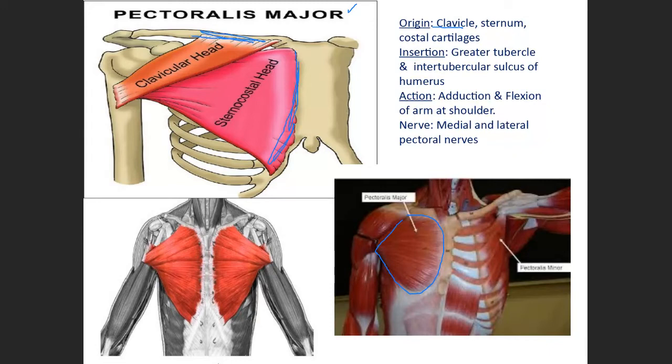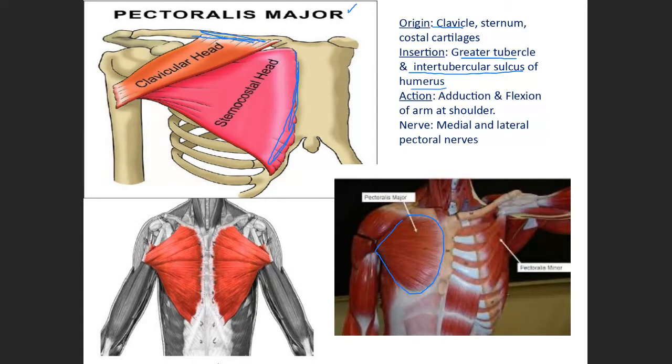Costal cartilages are the parts of the ribs that connect to the sternum. And these are going to insert in that greater tubercle of the humerus. Remember that top little notch? And that intertubercular sulcus, which was that little groove in between the greater and lesser tubercle of the humerus.